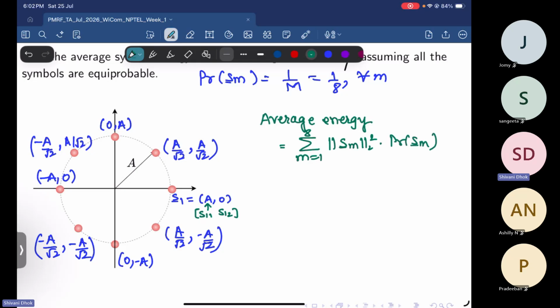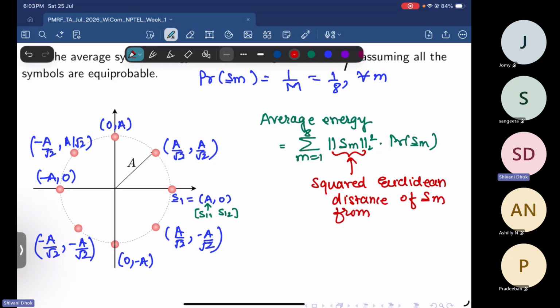Now this Sm square is what? This is basically the squared Euclidean distance of Sm from origin.